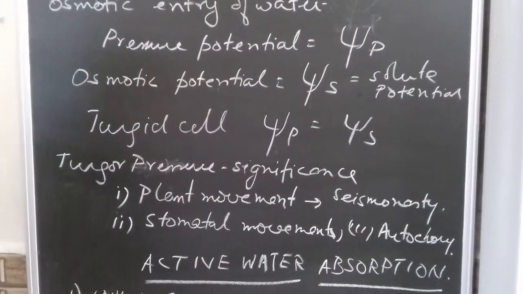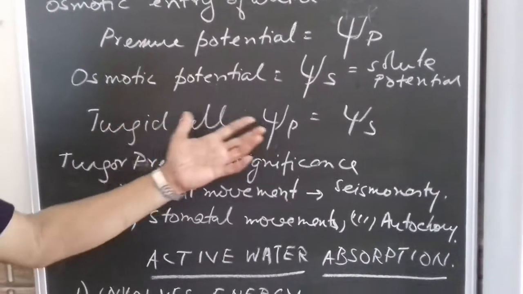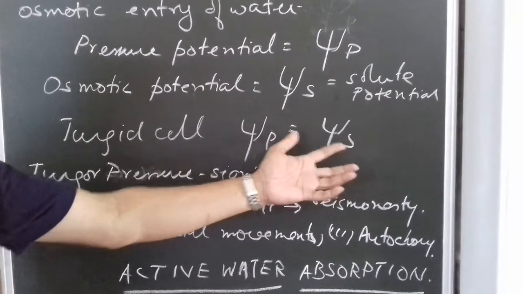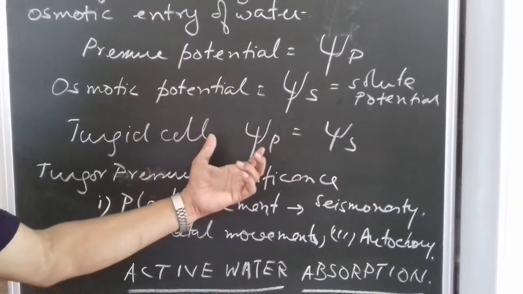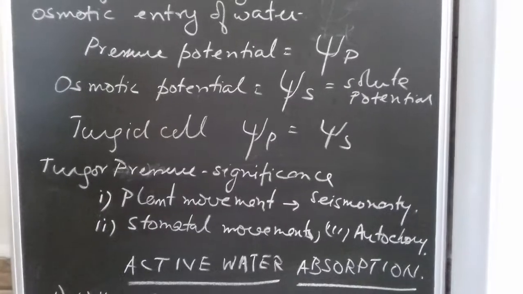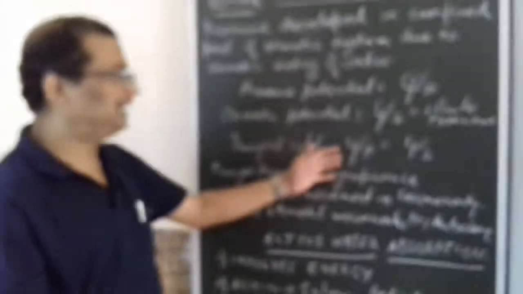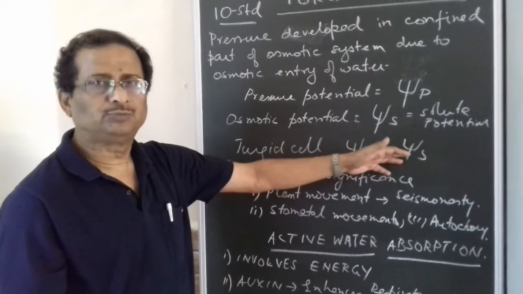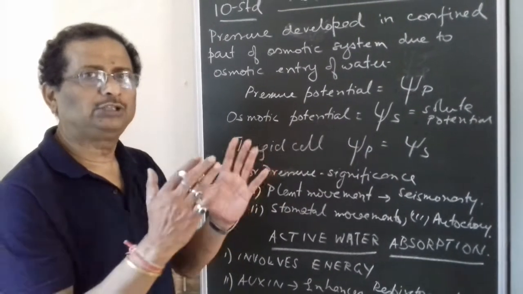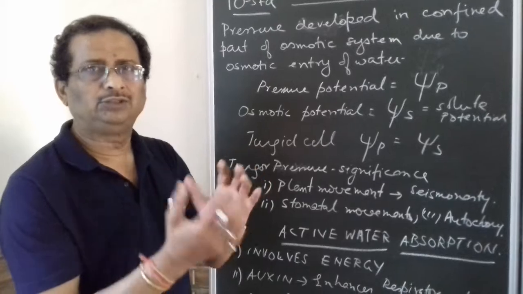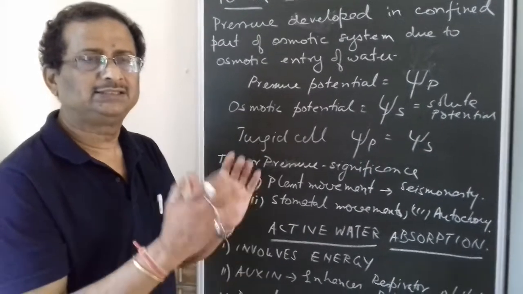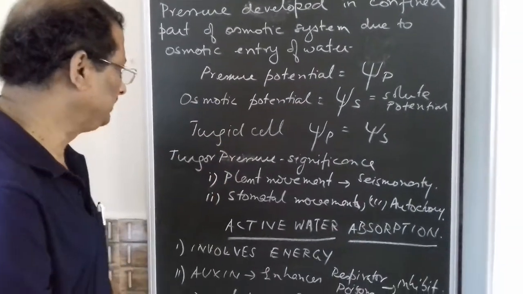Now in a fully turgid cell we say psi p is equal to psi s. That means the hydrostatic pressure developed inside the cell or in the cell's sap is equal to the osmotic pressure. Osmotic pressure is equal to the turgor pressure. This is in a fully turgid cell.